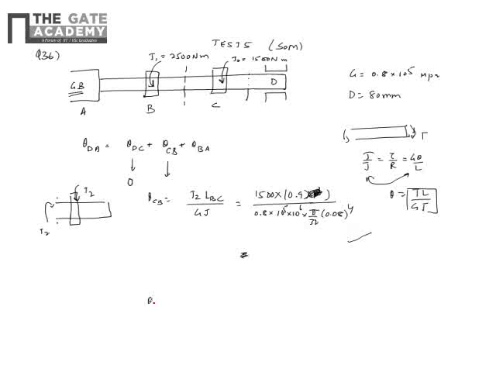Now for theta BA, let's take a section here and balance the torques on the right side. The torque at this section is T1 plus T2, because on the right side you have both the torques acting in the same direction.